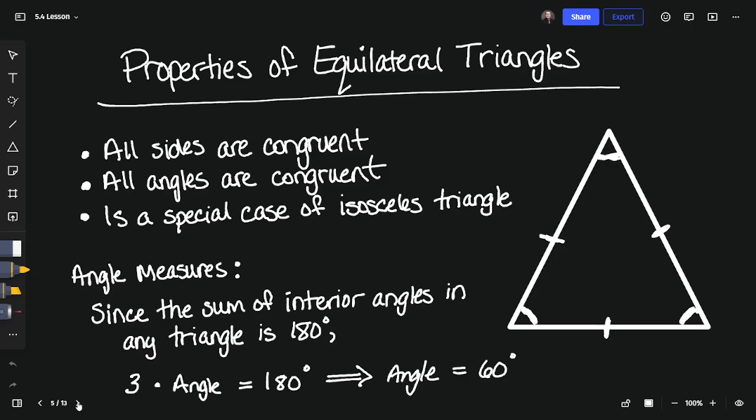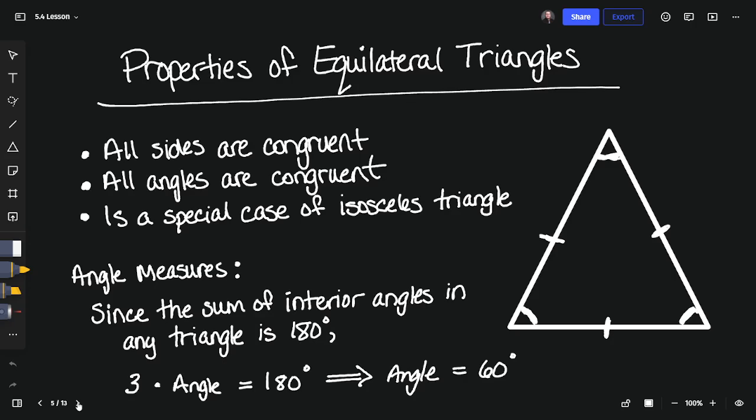Now, a couple properties of equilateral triangles in particular. Again, all of the sides of equilateral triangles are congruent, and all of the angles are congruent. And equilateral triangles you can think of as just a special case of isosceles triangles.